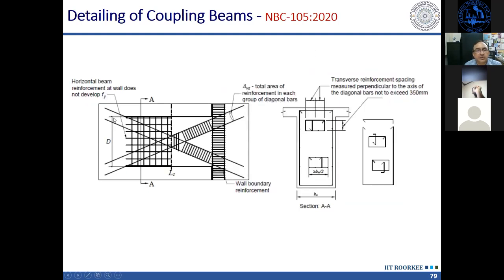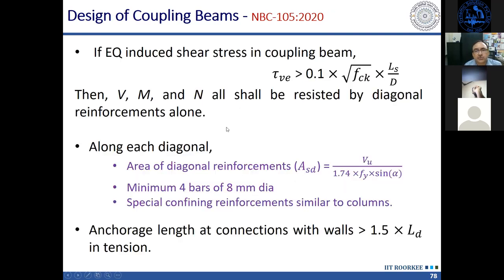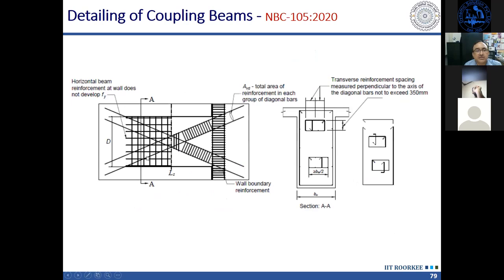This diagonal reinforcement is to be provided in such a way that it can take the full shear force. Whatever shear force is being applied can be taken care of by the reinforcement provided along these diagonals. These diagonals are nothing but bundles of bars, minimum 4 bars, with confinement around them, like it is shown here, and this is inside the main reinforcement.